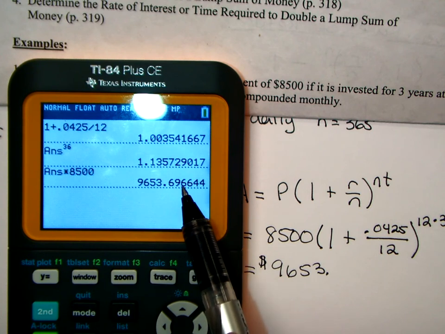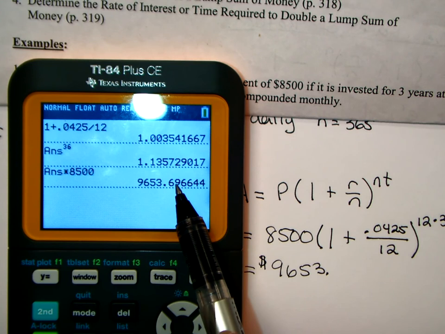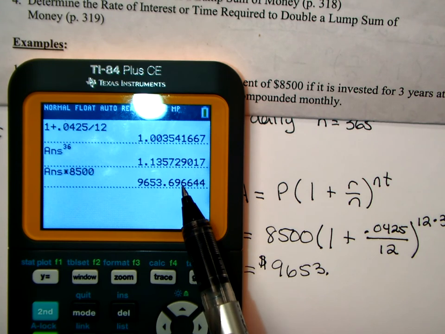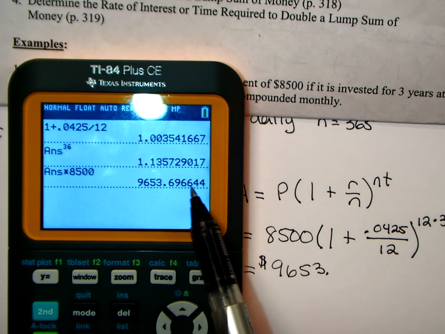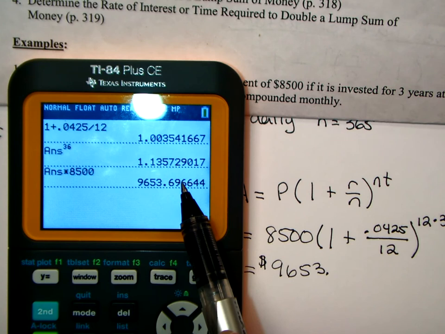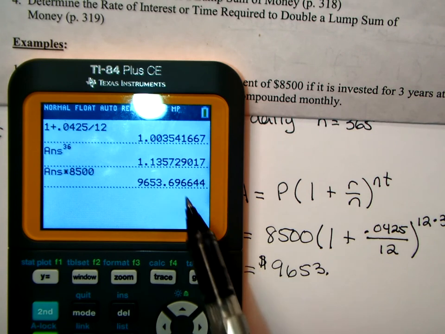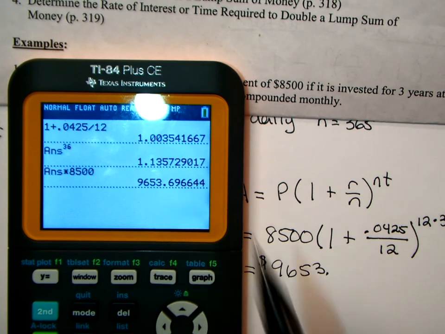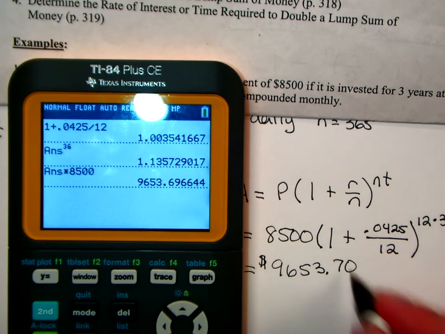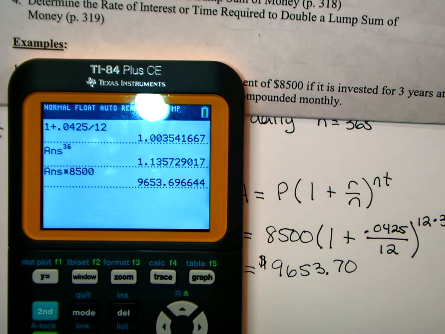To the nearest cent, after 69 cents I have 664, which is greater than half, so I'm going to round this up. 69 cents needs to be rounded up to 70. So to the nearest penny, we're going to get $9,653.70. Make sure you're rounding your answer to the nearest penny.